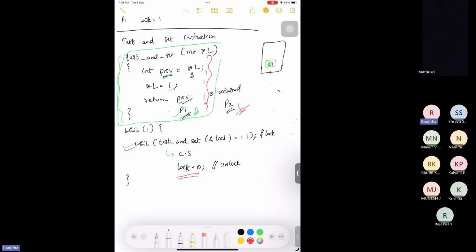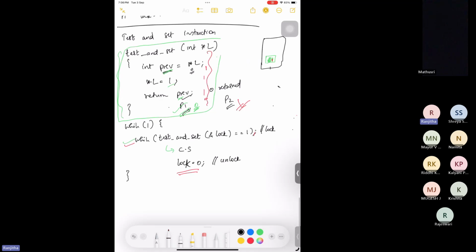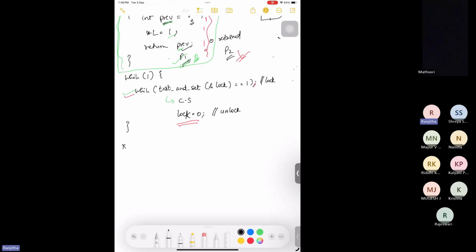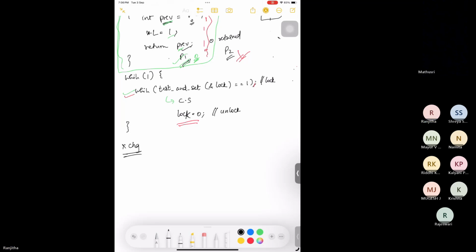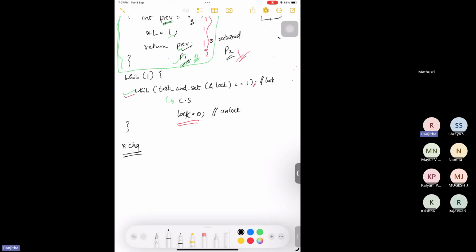The actual hardware instruction that Intel supports is XCHG. This is the instruction that Intel hardware supports. So this is the equivalent of test and set. Test and set instruction in Intel hardware is XCHG.